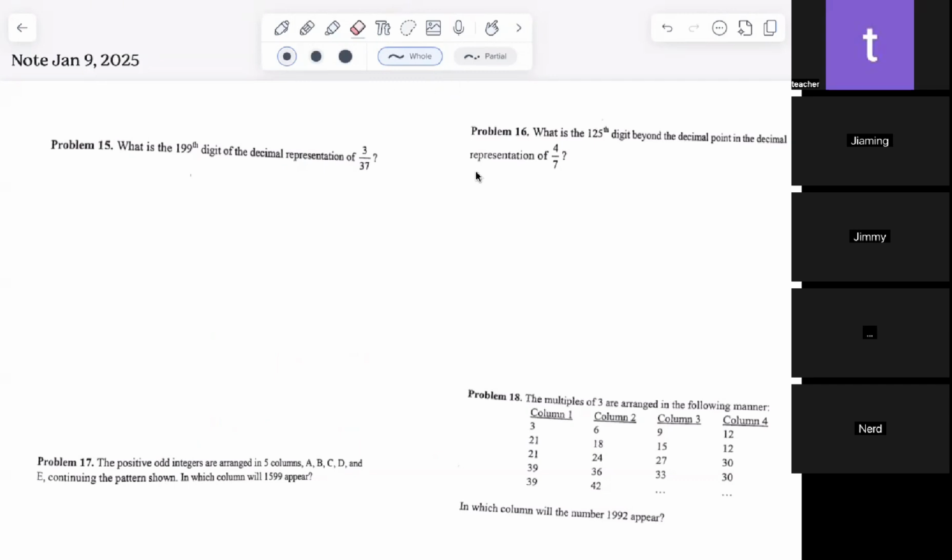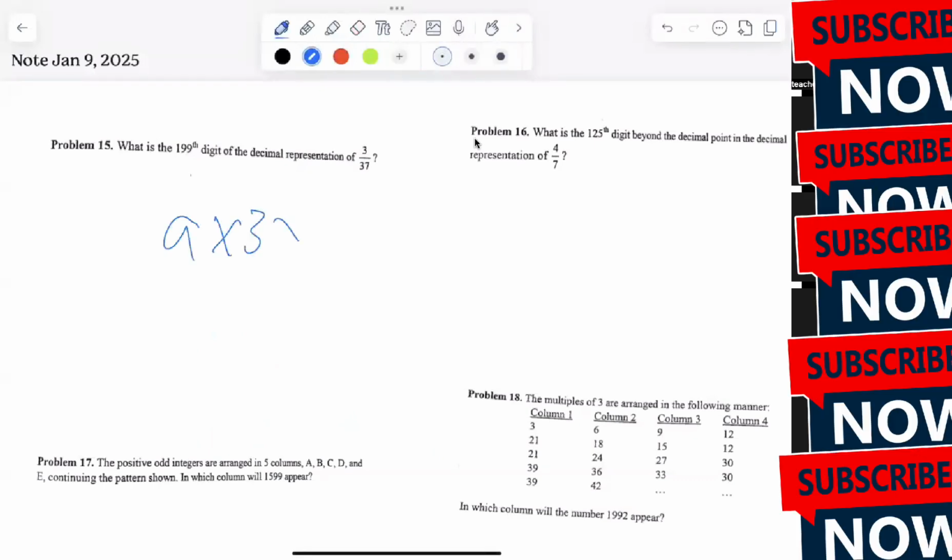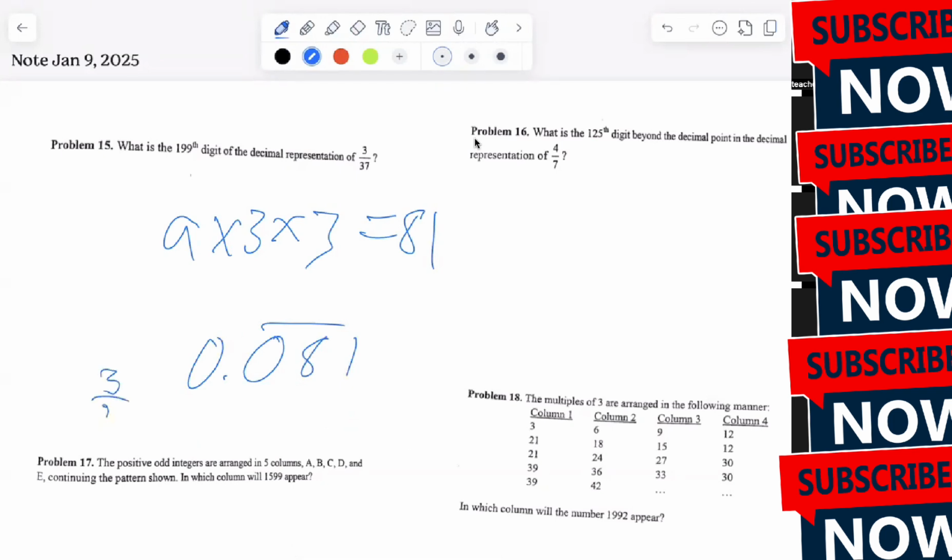If you multiply 9 by 3, it gives you 27, and 3 over 37 is 81 over 999. So it repeats like this, 0.081. We want to make 3 over 37 equal to n divided by 999, and multiplying by 27 gives you the desired result.